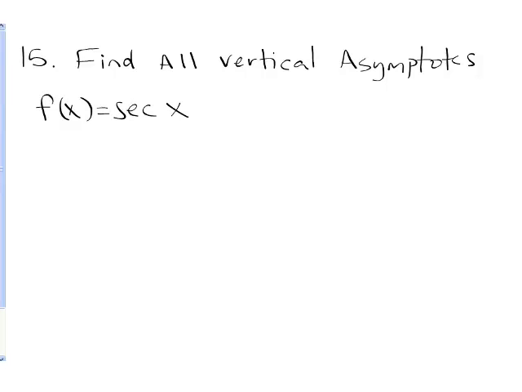And with secant x, this is the exact same thing as 1 over cosine x. So if I'm going to find all these asymptotes, I need to know where the cosine of x equals 0. That's the really important part of this whole thing, because everywhere that the cosine of x equals 0, I'm going to be undefined, because that'll give me a 0 in the denominator.